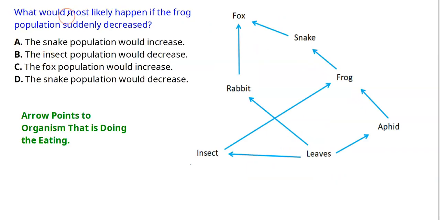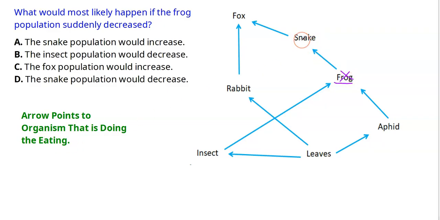What would most likely happen if the frog population suddenly decreased or went down? So here's the frogs. It decreased or went down. I'll cross it out, pretend it's not there because it went down. What would happen? Let's look at answer choice A. The snake population would increase. Well, remember, the arrow points to the organism that's doing the eating.